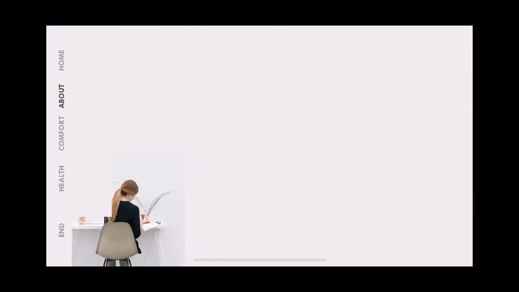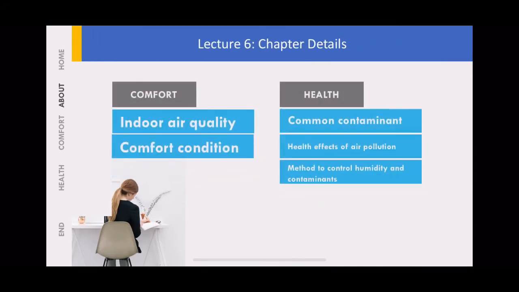Alright. So our chapter details will be in 2 parts. First one is comfort. We will talk about indoor air quality and comfort condition. The second part will be health: common contaminants, or what are the particulates or contamination that is common in the space, health effects of air pollutants, and last one, what are the methods to control humidity and contaminants.